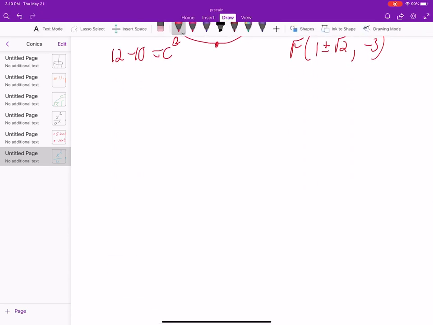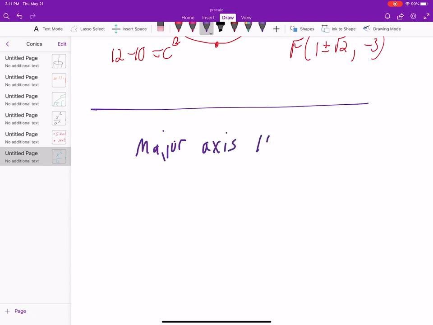All right, so let's switch it to this guy here. Let's see. I think it was one that talked about major axis. So we have a major axis here of 14, and it says it was on the x, and we have a minor of 10, which of course has got to be on the y.